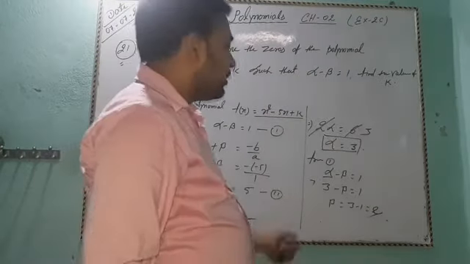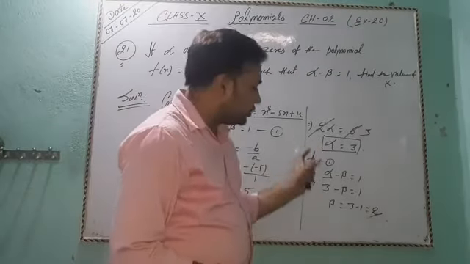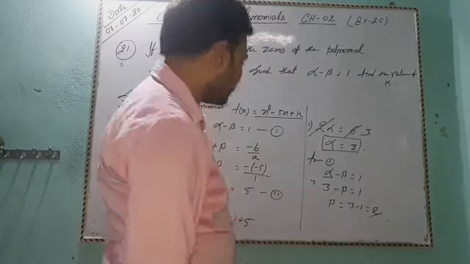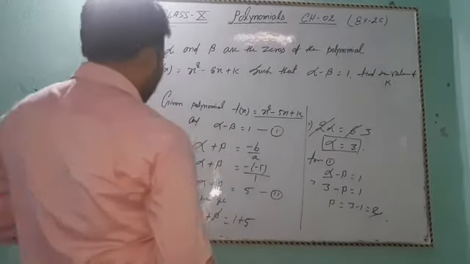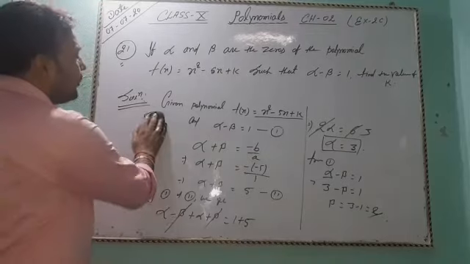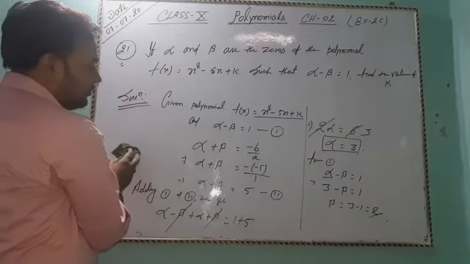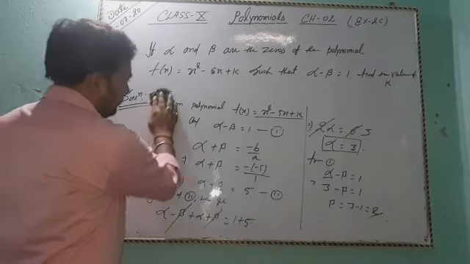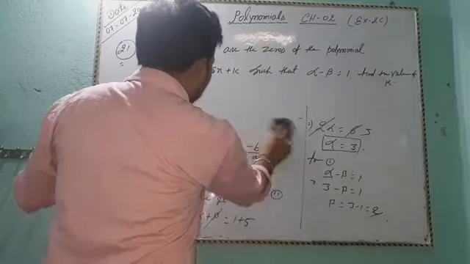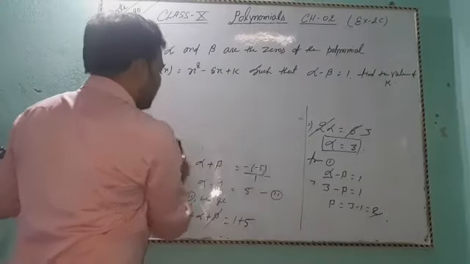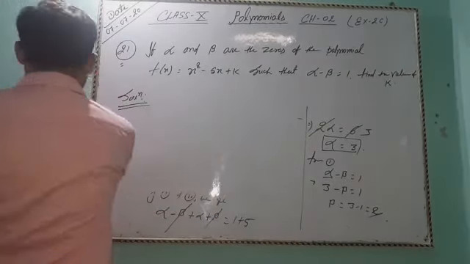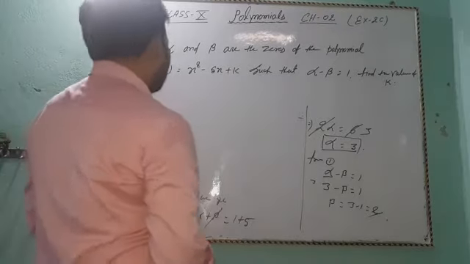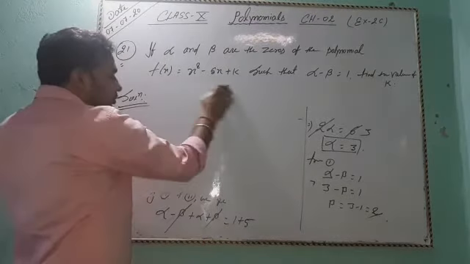Find the product of the zeros, alpha into beta. So students, alpha and beta are the zeros of this polynomial.